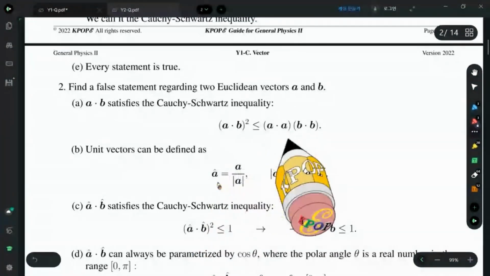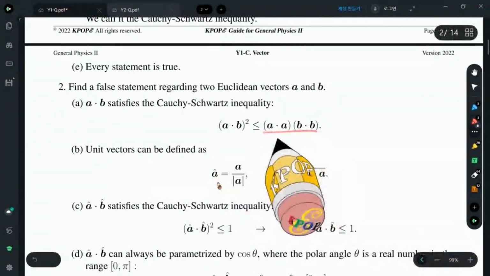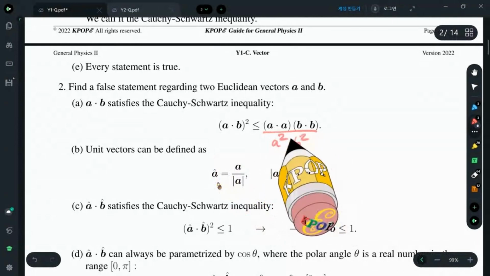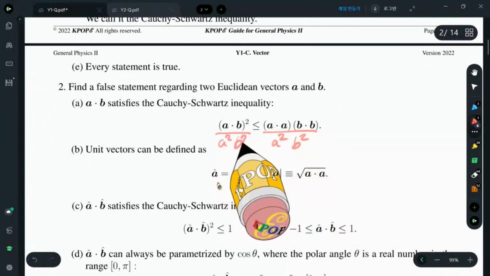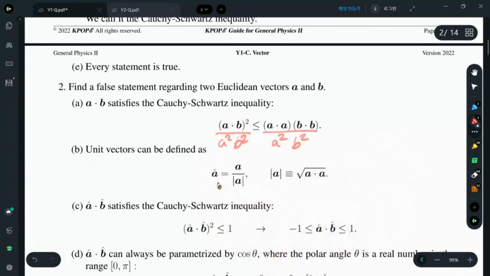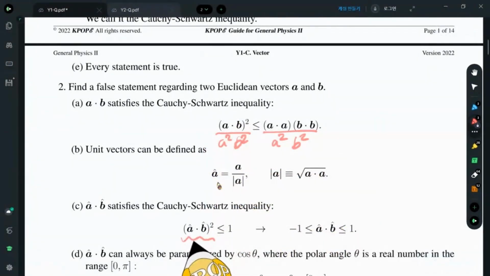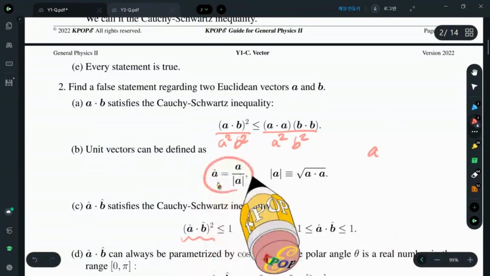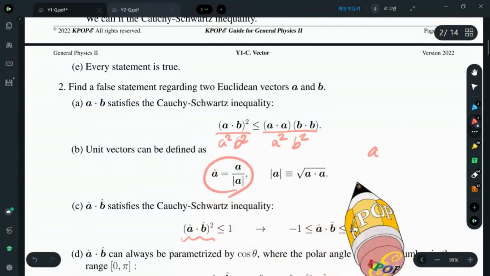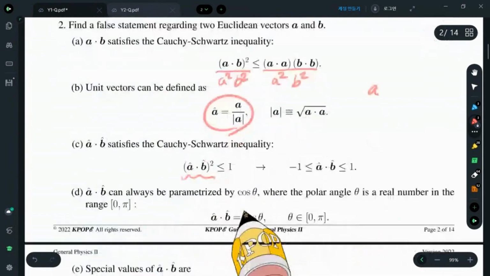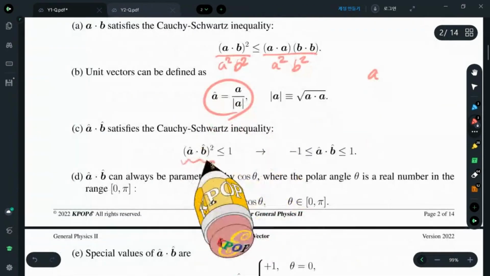If we rescale both sides with a squared and b squared, the left-hand side reduces to the square of the scalar product of the two unit vectors. You know the unit vector is defined like that. As a result, this inequality has a solution.